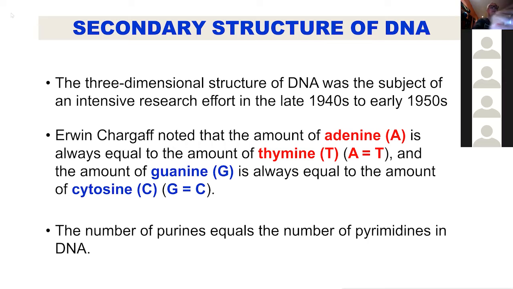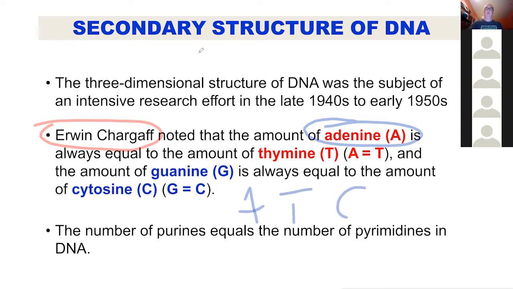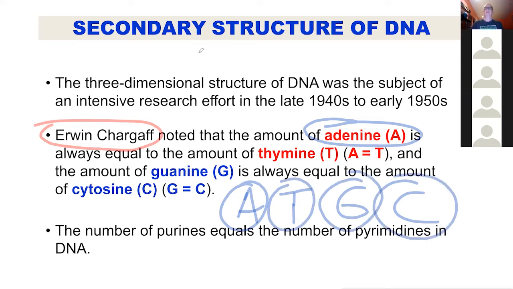One of the early experiments was done by a guy named Erwin Chargaff. An interesting fellow, not a very nice guy, kind of a difficult person to deal with. He found out early on, probably in the early 40s, that when he measured the amount of adenine and thymine and guanine and cytosine inside the cell, the amount of adenine was always the same as the amount of thymine, and the amount of guanine was always the same as the amount of cytosine.